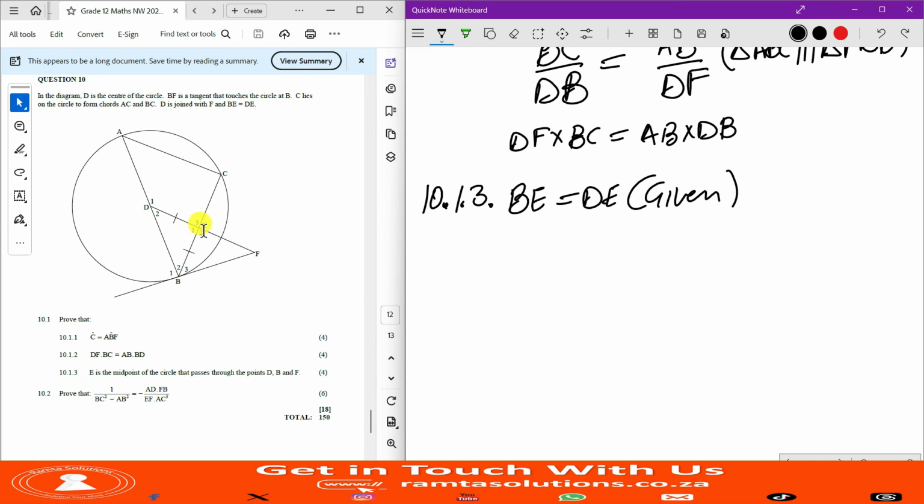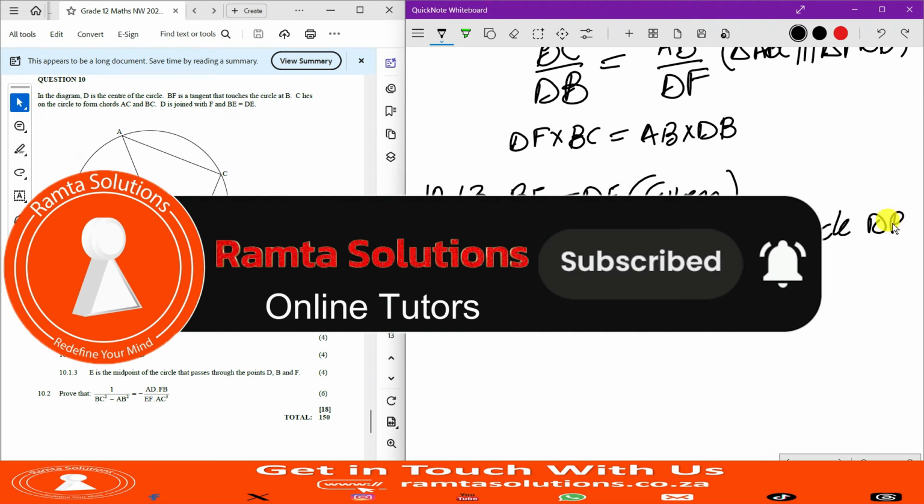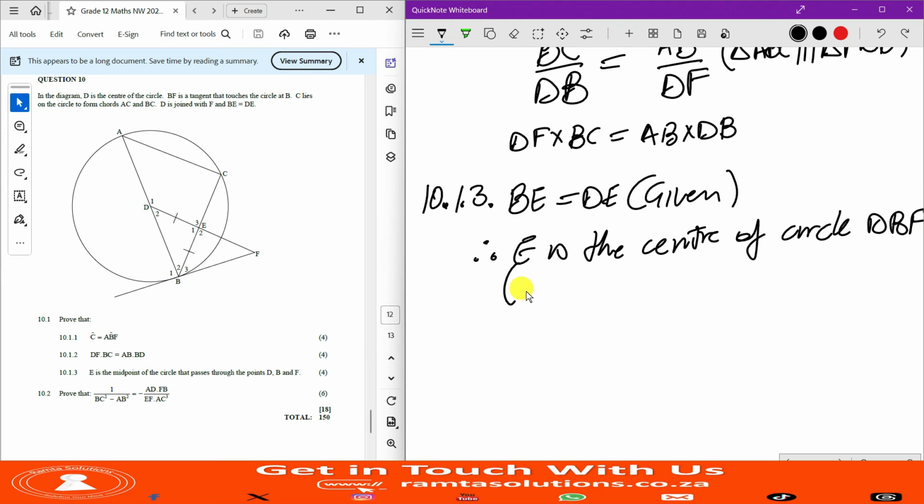If DE is equal to, hear me out, DE is equal to BE, then we must be saying, therefore, E is the center of circle DBF. Why?